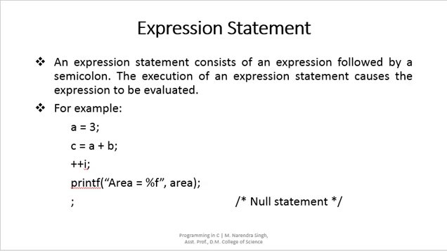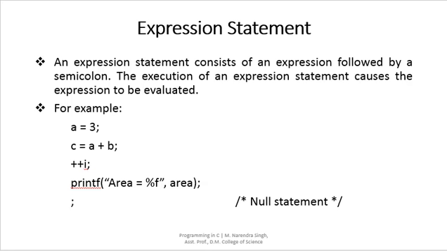Similarly, the expression C = A + B becomes an expression statement when it is followed by the semicolon. When this statement is executed by the compiler, the value of A + B is assigned to C. Similarly, ++I followed by a semicolon is an expression statement. It increases the present value of I by 1.